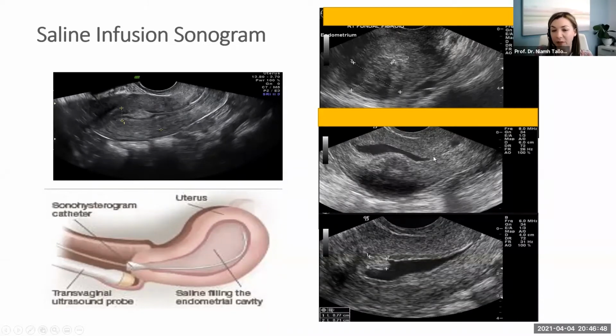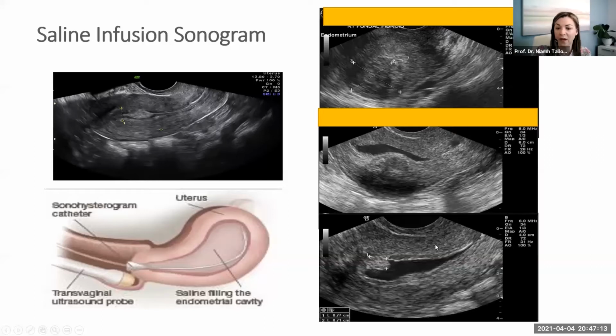You inject some fluid and you see the black contrast from the fluid, and it really outlines nicely that fibroid as it abuts into the cavity. And this is something I would advise a patient to remove because it clearly interferes with the inner contour of the lining of the uterus. And the same goes for the bottom image, where you see it outlines the polyp quite nicely. So you get a lot of information from 2D imaging.